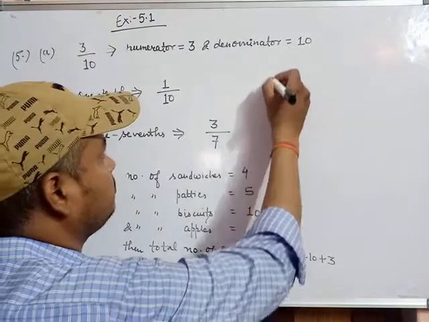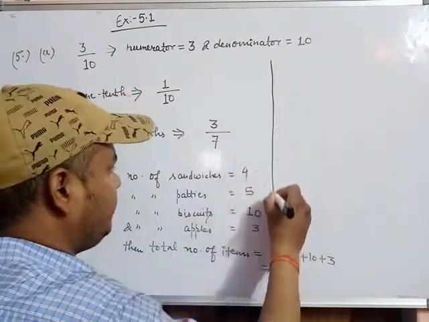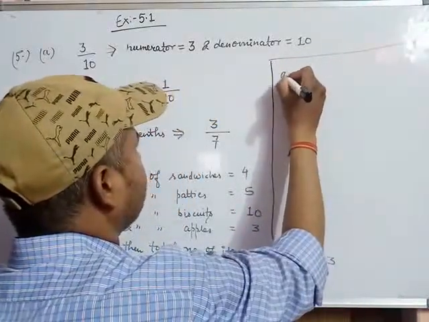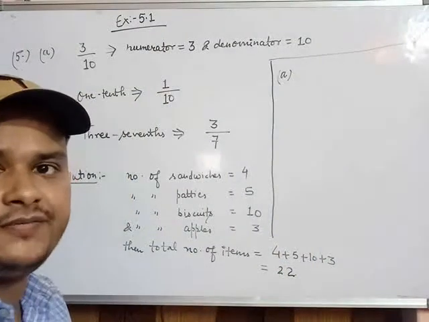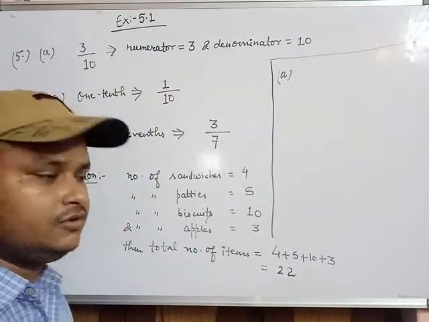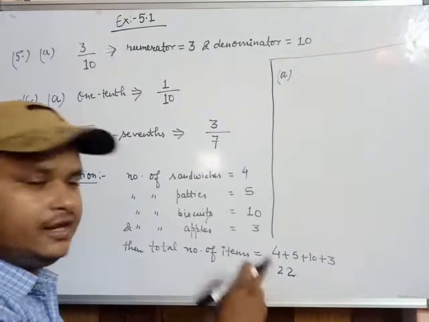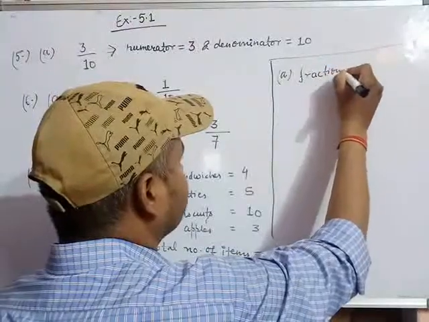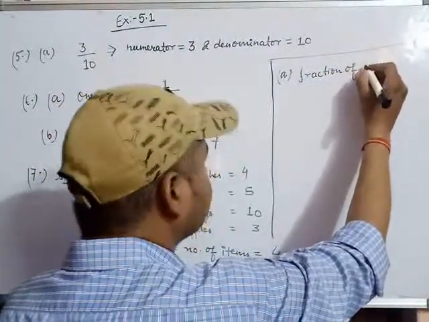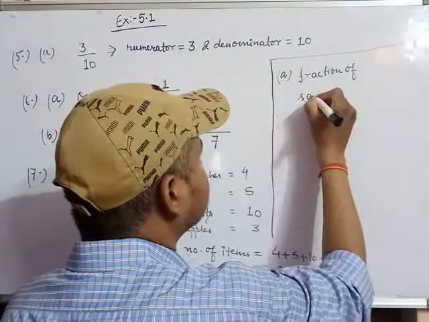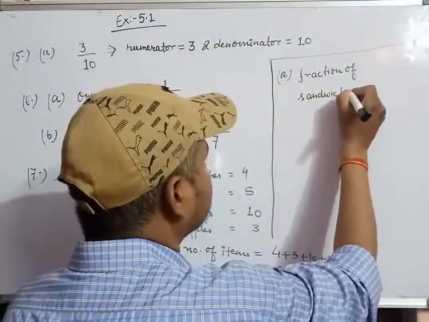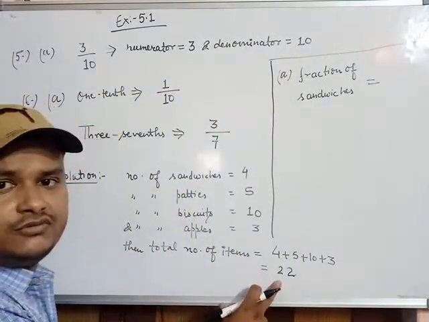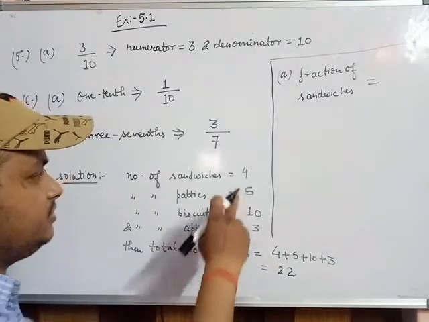So first, A part. Student, in A part you have to find the fraction of sandwiches by total number of items. Total number of items is 22 and the fraction of sandwiches is equal to, student, listen carefully, 22 is the total number of items and the number of sandwiches is 4.